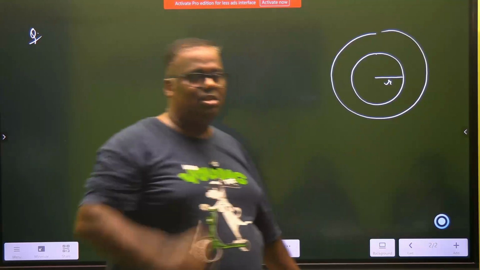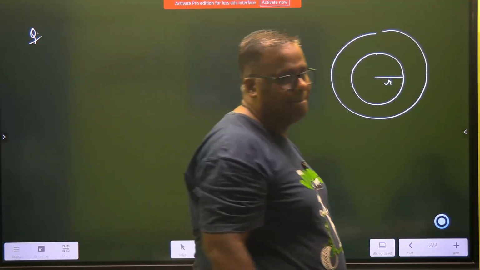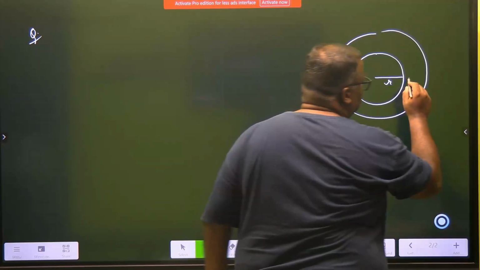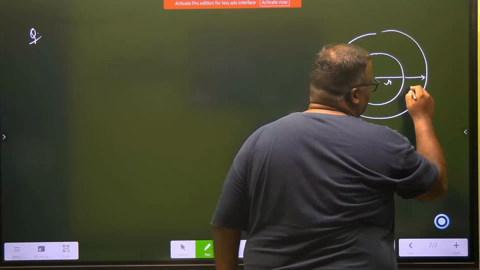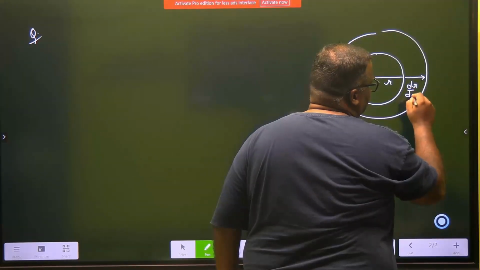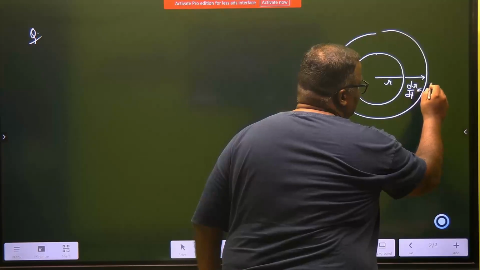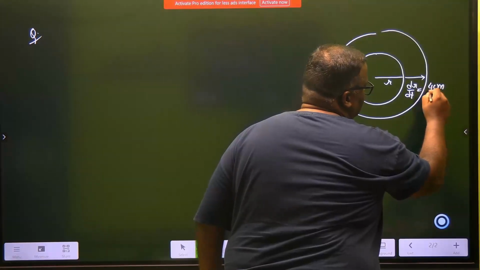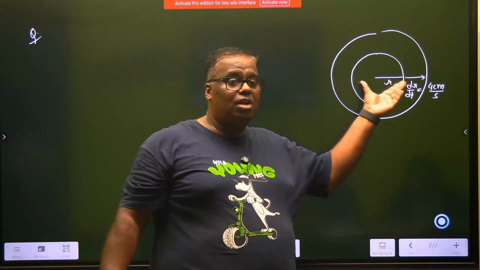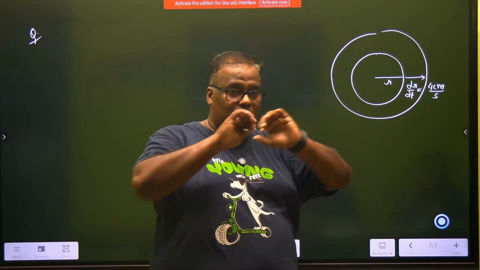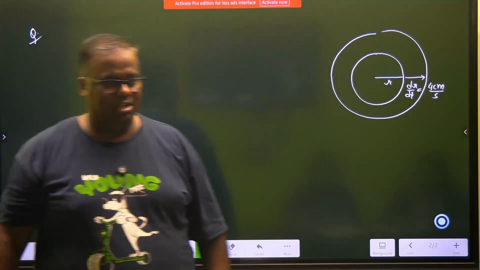So read the question now. That means this distance by which the radius is increasing is dr by dt. The rate of increase of the radius is given as how much? 4 centimeter per second. Waves are moving, which means the radius growth rate is 4 centimeter per second.